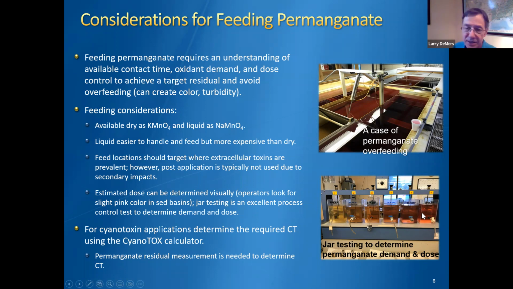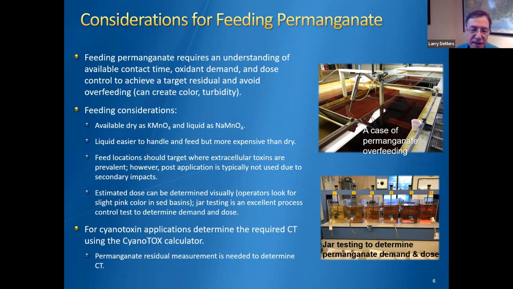I don't remember the exact doses, but as you go from left to right, you start getting a change in color from an orange brown color, indicating that you've got manganese particulate in the water, to the point where it gets more pink to red, which indicates that you definitely have a permanganate residual in the water, and maybe too much, more than you really need. Because if you're given enough time, if you start seeing the permanganate show up, that means you have met the demand of the water and you're carrying a residual.